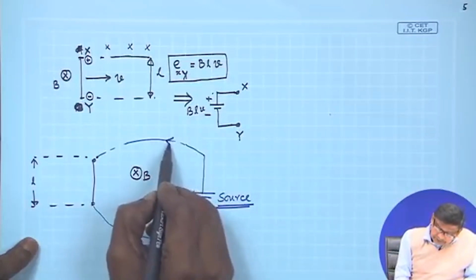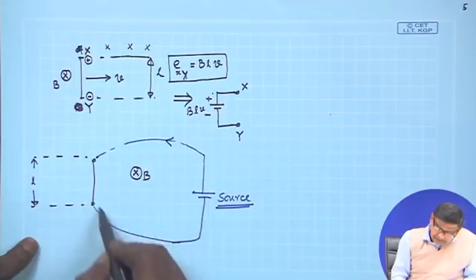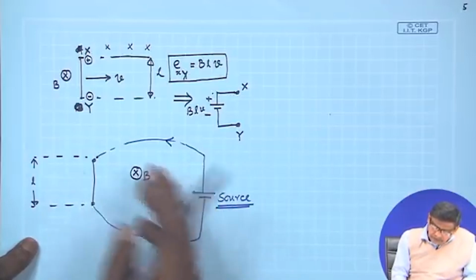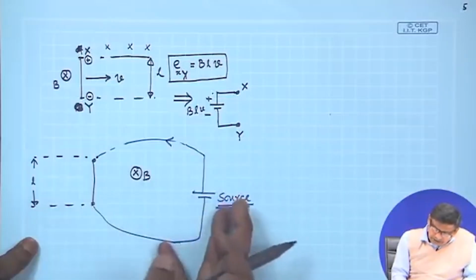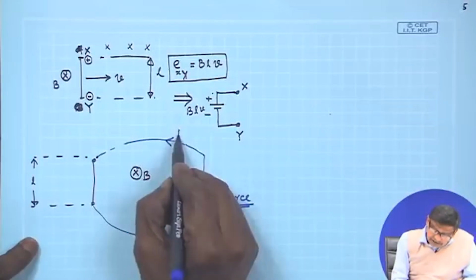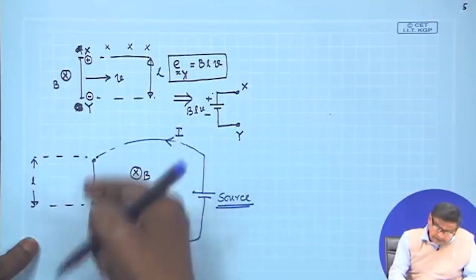Therefore, this will drive a current in this circuit. What will be the magnitude of the current? This voltage divided by the resistance of this path. So, some current I inject into the conductor.